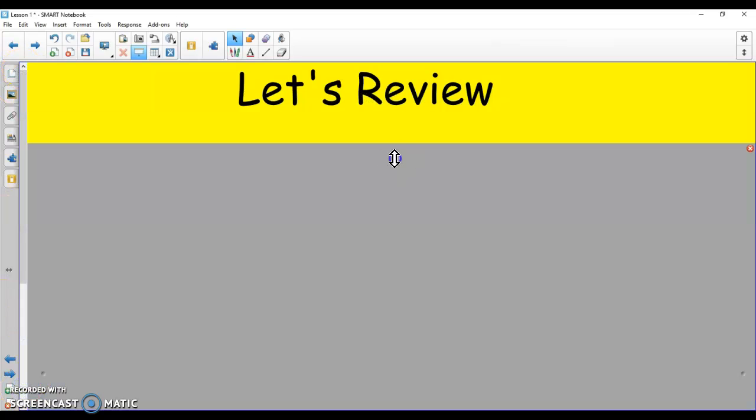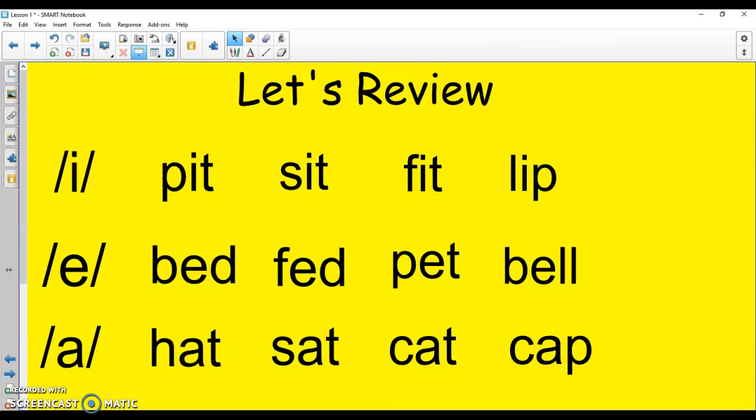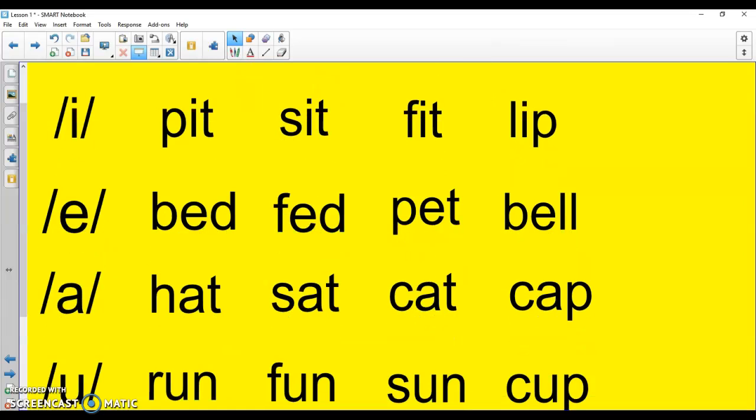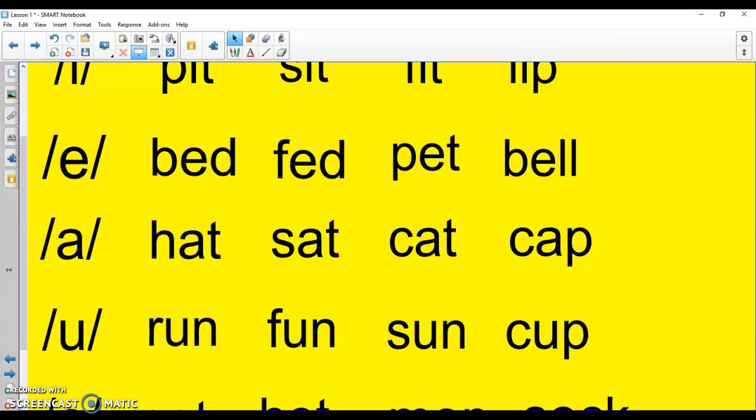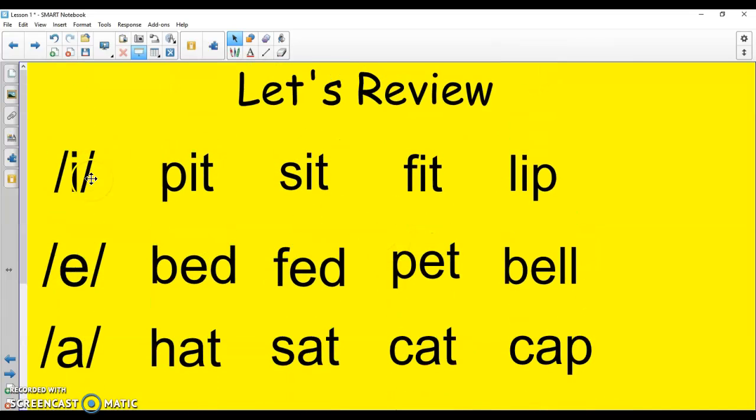Okay, so for the next part, we're going to review the short sounds for the vowels. So if I have these vowel sounds, remember, you say the sound when it's between two parallel lines that are slanted. So it's I. So these words are pit, sit, fit, lip.